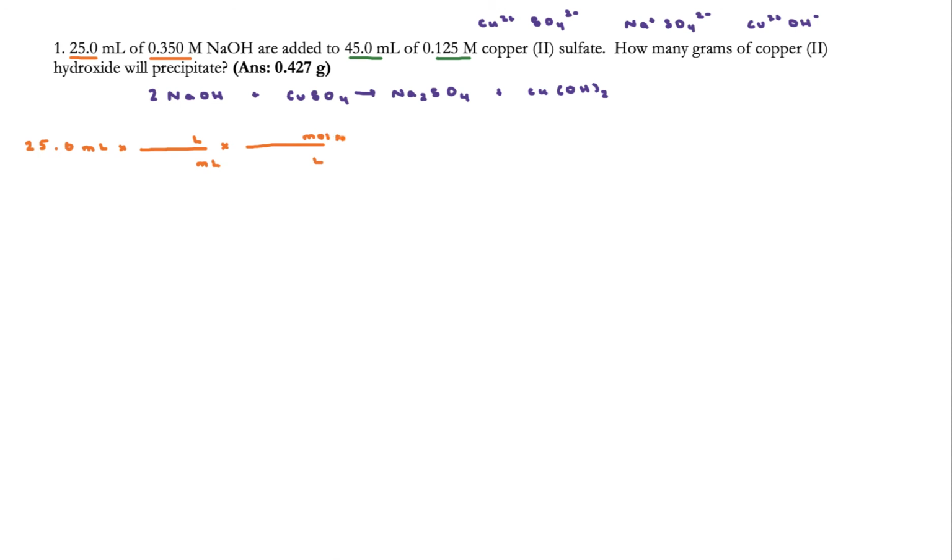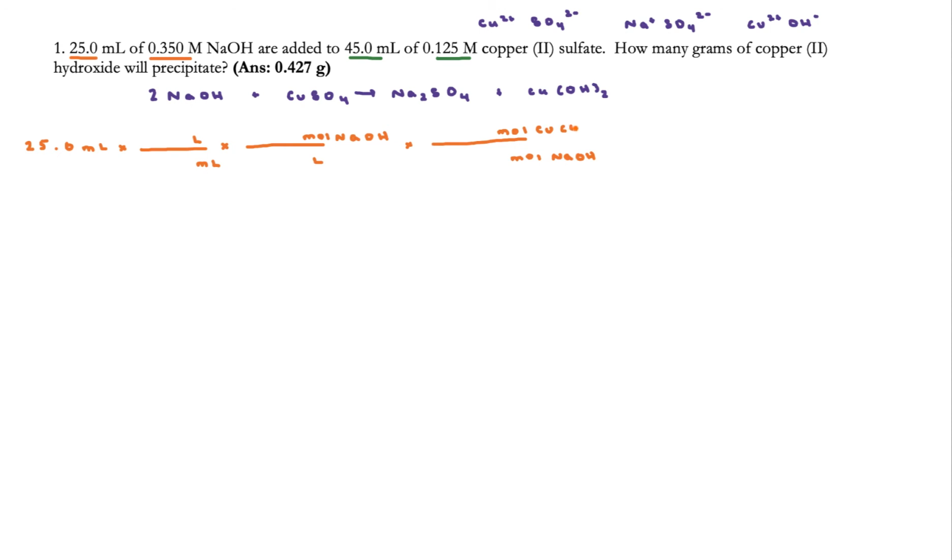So I'm now in moles of sodium hydroxide. Awesome, wonderful. However, I want to be in grams of copper hydroxide. That is my goal. So I'm going to get out of moles of sodium hydroxide by putting it on the bottom. And I'm going to first get into moles of copper hydroxide by putting it up top.